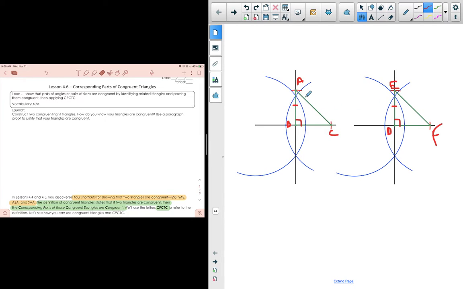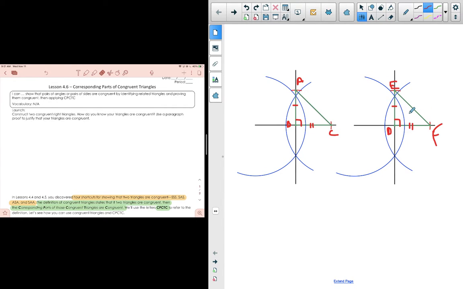I duplicated the same length on each of those perpendicular bisectors, and I also duplicated the same length on these 2 sides right here. So we don't really know the measurements of A or C or E or F. We don't know any information about those.